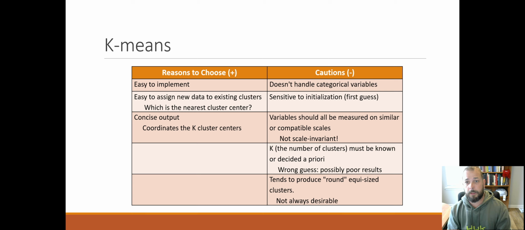Because you are deciding how many clusters to have, as easy as it is to do this, you can do it poorly. So follow the ways of looking at scree plots and running it a couple of times, trying to figure out the best k to use. Sometimes you may choose the wrong one and end up with poor performance of your model.